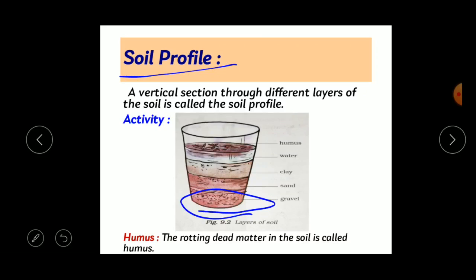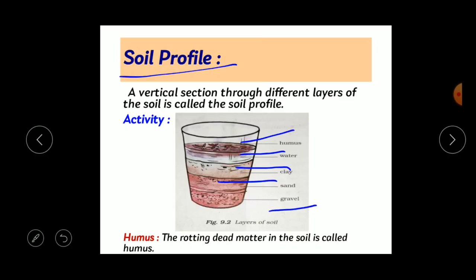Gravels are small fragments of rock. So the heavy particles settle down in the glass tumbler, and the next layer you will find is the sand layer because it is lighter than the gravel. Next we'll find the clay, next the water, and the last layer you'll find is the humus.